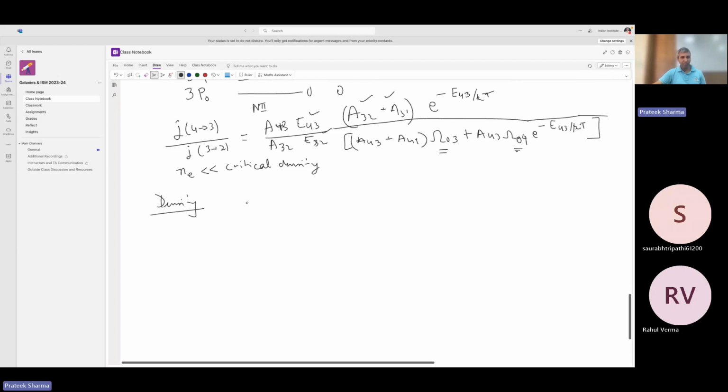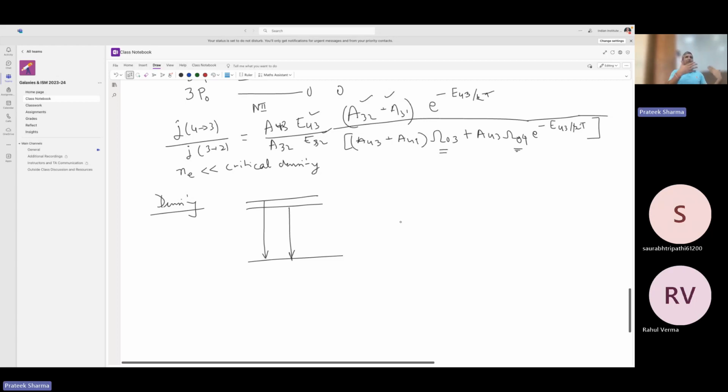You need very closely separated levels in energy, and then you look at transitions like this and this. The idea is, at low densities you are limited by collisional excitation.